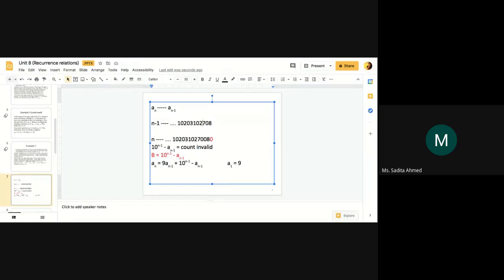So, if we are talking about decimal digit strings of length n minus 1, which are already valid, that is, which already have an even number of zeros, then just like the bit string example, we can add a decimal digit at the end of this and convert it to length n, right?